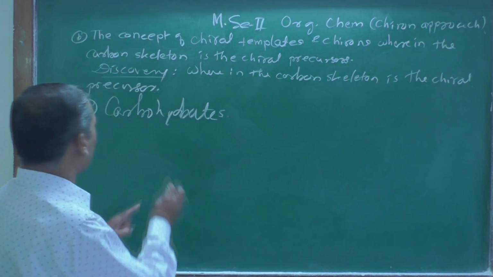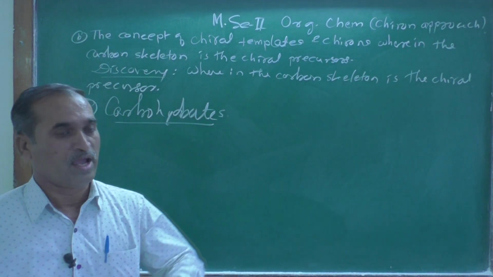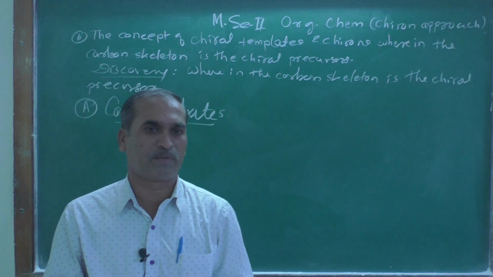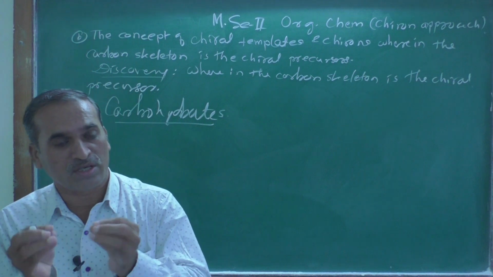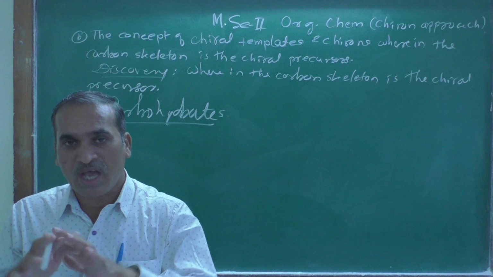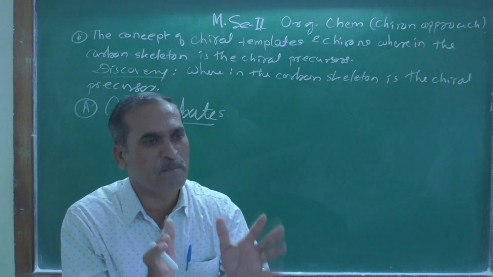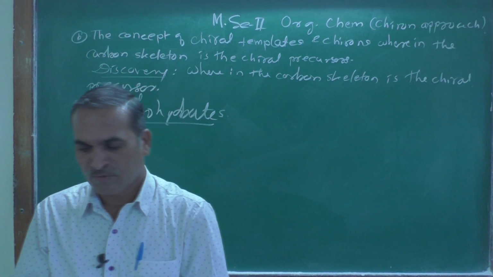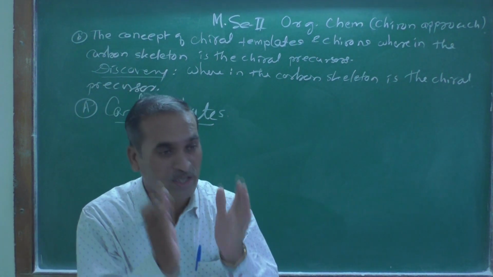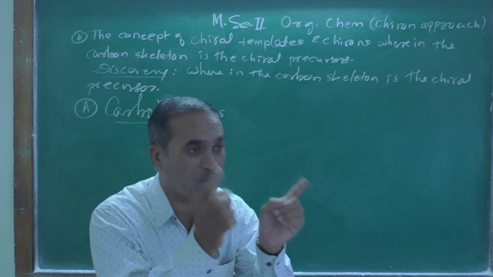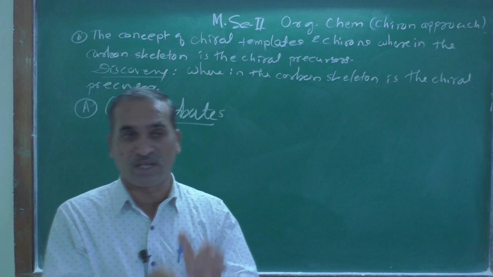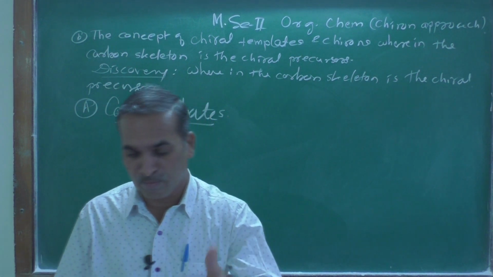Here specifically we deal with carbohydrates. What is the purpose behind this section? An effort will be made to establish some simple guidelines in order to recognize the carbohydrate type symmetry in a given target molecule.